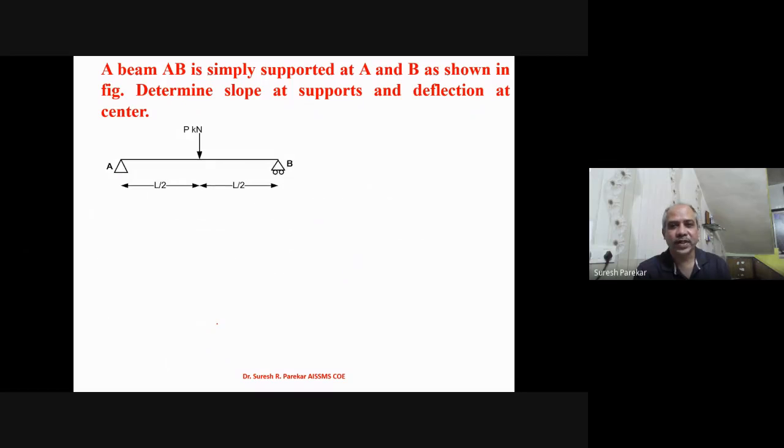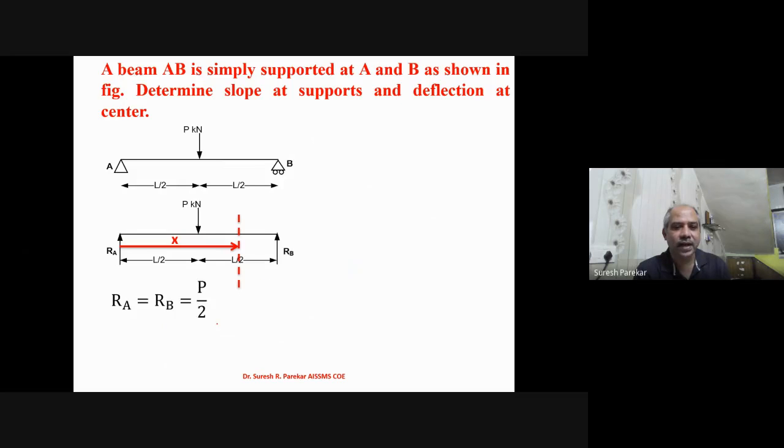Now if we go for simple support, these cases I have considered because you have to remember these values: cantilever beam with concentrated load, cantilever beam with UDL, cantilever beam with couple, and simply supported beam with concentrated load. Here I get RA and RB as P by 2, because we are symmetrical.